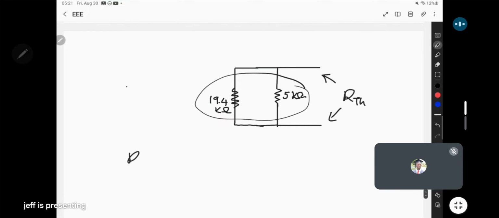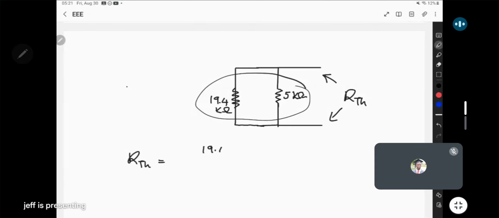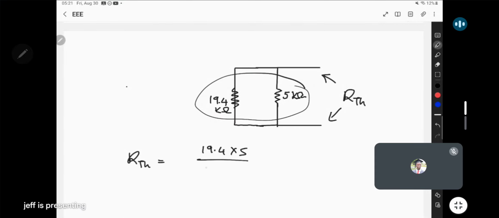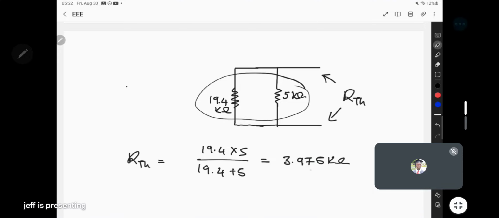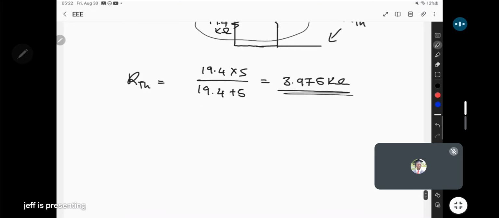So that we can now say that our Thevenin's equivalent resistance will be 19.4 by 5 over 19.4 plus 5. So we get 3.975 kilo ohms. So this becomes our Thevenin's equivalent resistance.